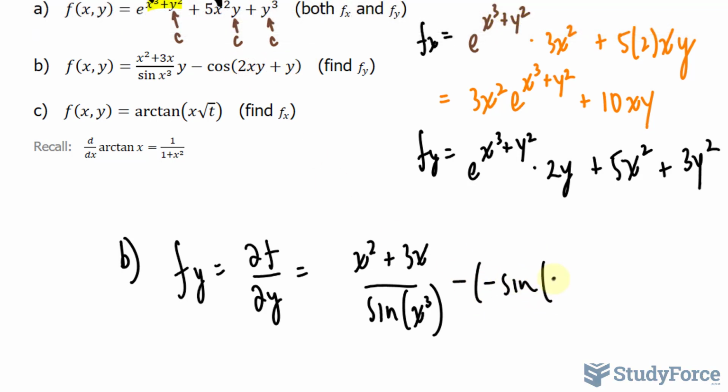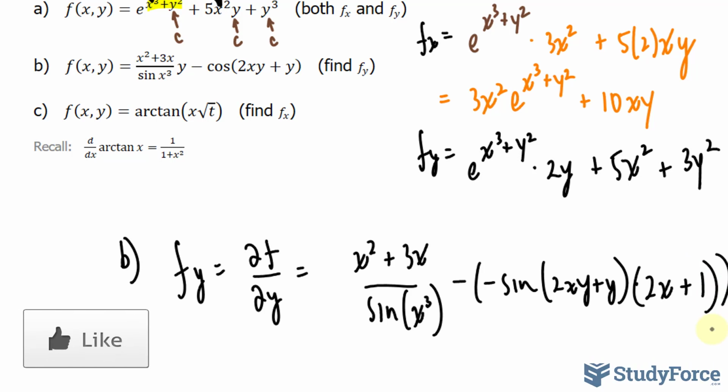This part stays the way it is, 2xy plus y. And we multiply it by the derivative of this expression. And since it's with respect to y, this term becomes 2x, the y goes away, and this y becomes 1. You can clean this up further, but that's not necessary. Technically, we've done our work and we found the derivative.